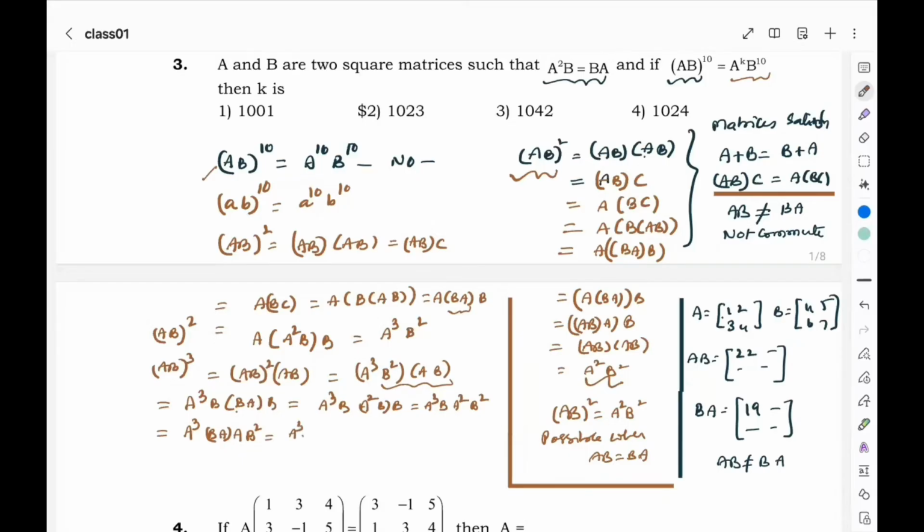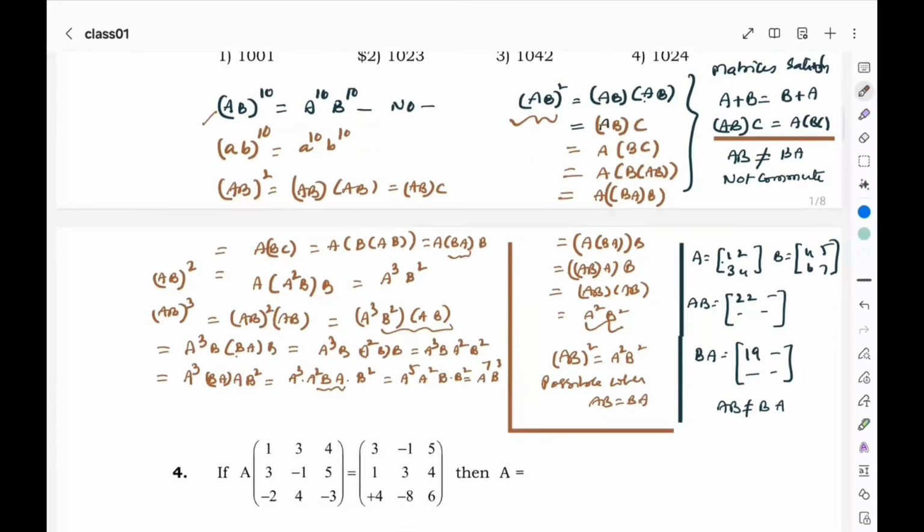This BA, I can write as A square B from the given condition. Again BA B square, which is A power 5. Again BA, I will write as A square B into B square. I get here A power 7 B cube.